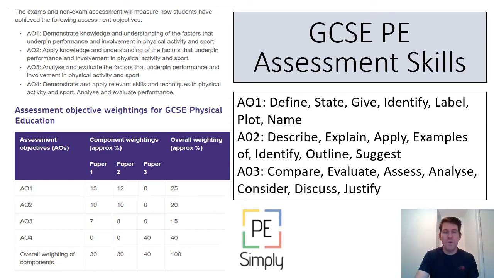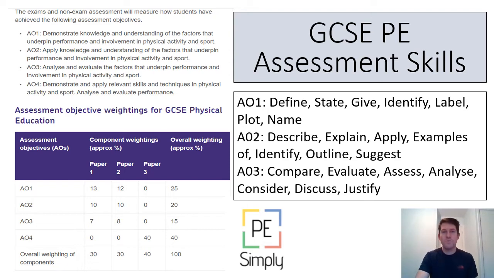And ultimately, when we think of both of those written papers, we're looking at the assessment skills of AO1, AO2, and AO3. By AO1, we're talking about basic demonstration of knowledge and understanding. Okay, so command words, as it says there, like define, state, give, and identify, among others.